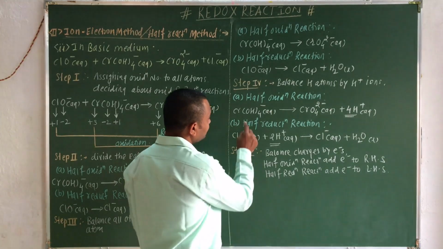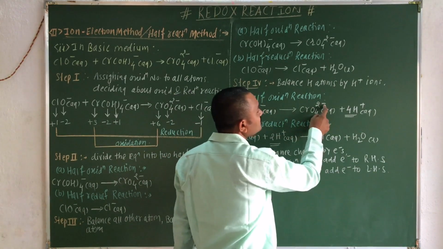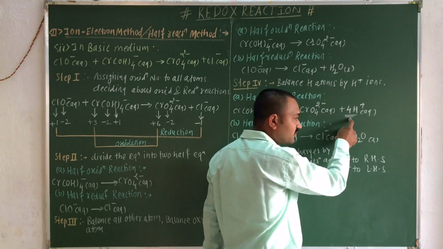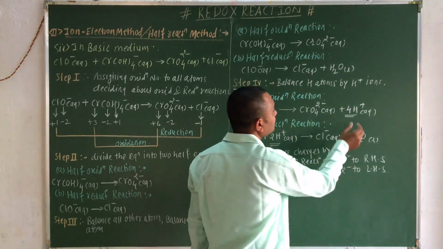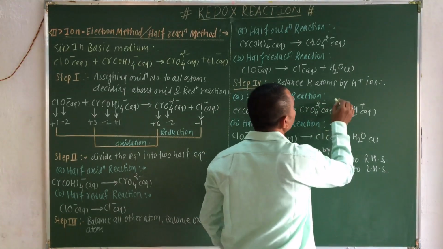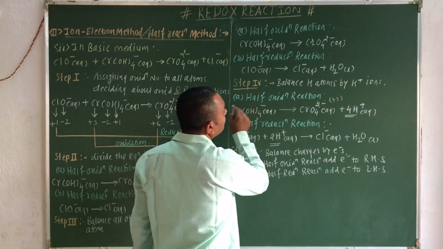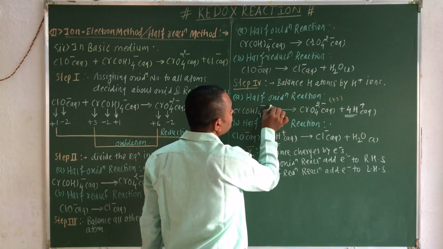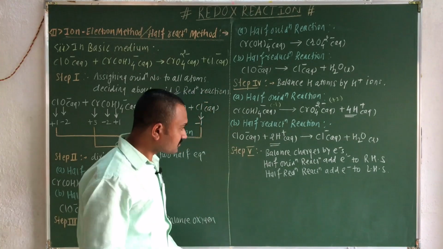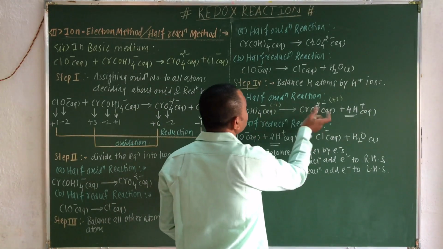Now remember here -1 charge, okay, here -2 charge plus 4 into +1 charge, so that will be +4 charge, -2 charge. So overall on your left hand side there will be +2 charge. Okay, now on your right hand side of this half oxidation reaction -1 charge. So obviously we have to balance these charges.